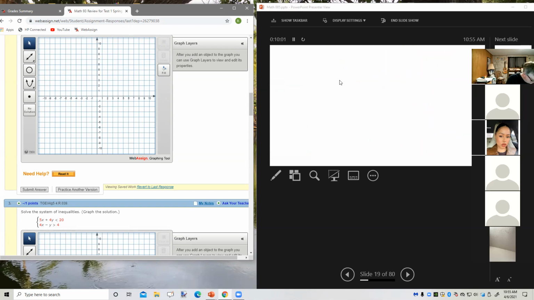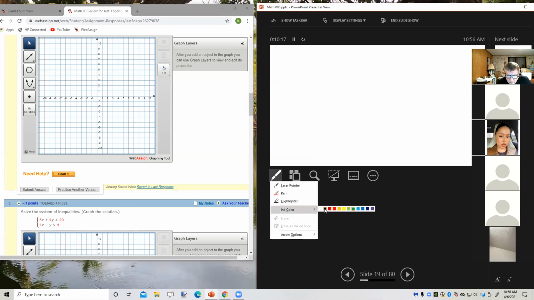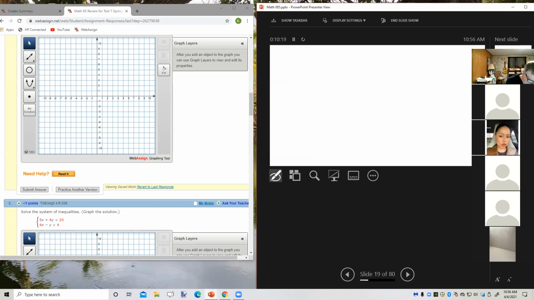And let's see. Okay, here's one. Let's see, I need to go back to black here. So 3x plus 2y minus 12 greater than or equal to 0.